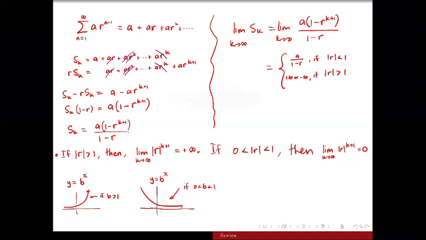We also have the case where r equals 1. And then the other guy does not exist.